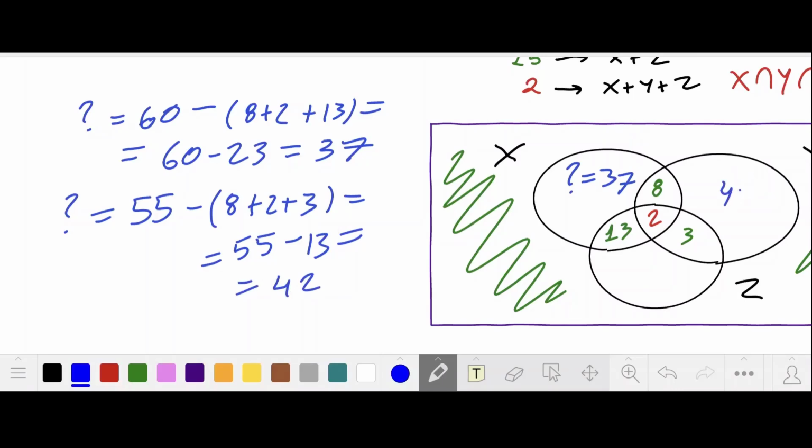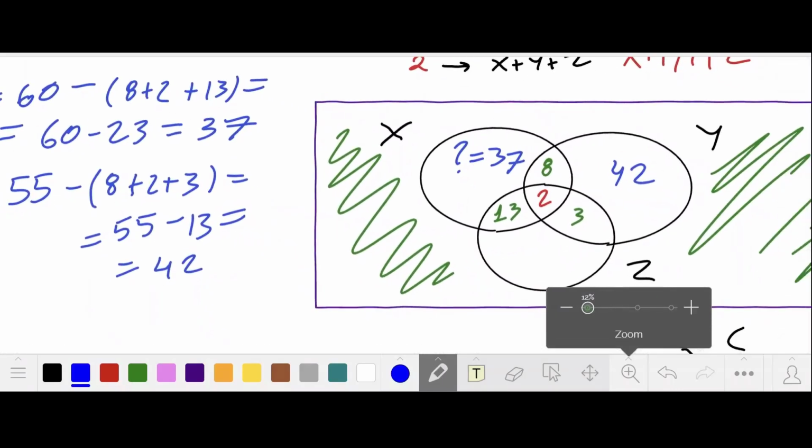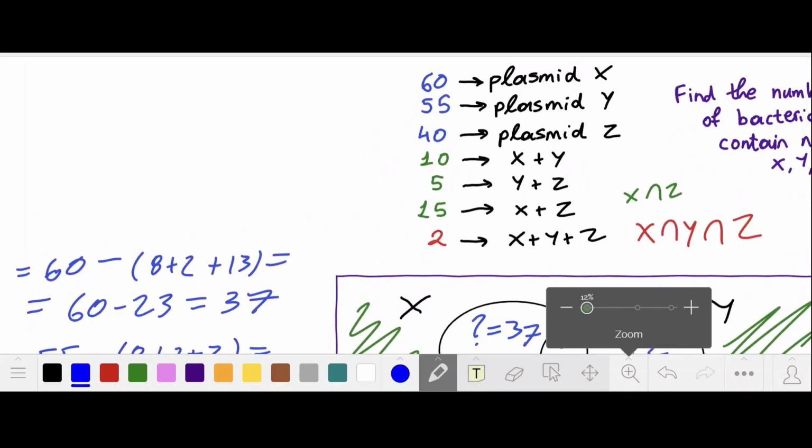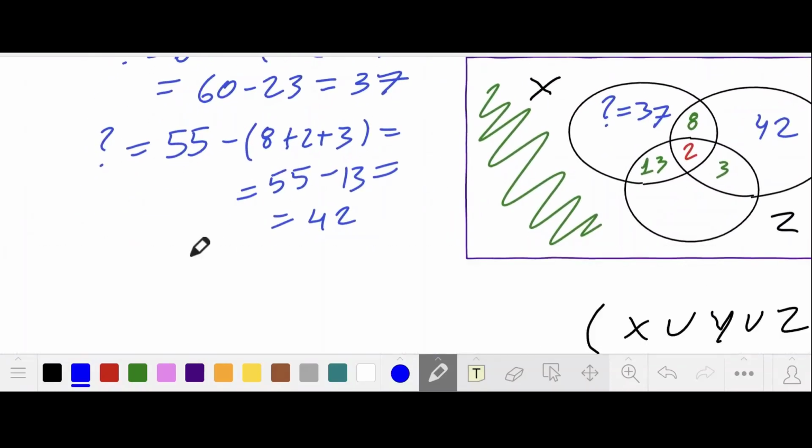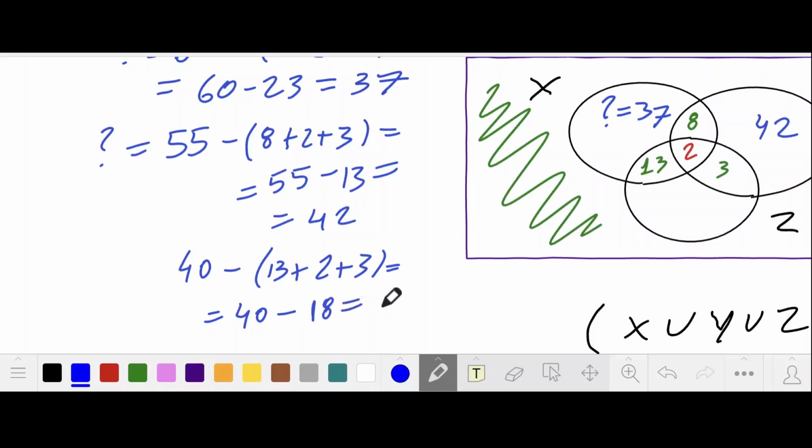So we write down the number 42. And as far as the set Z is concerned, the number that we want to find is equal to 40 minus (13 plus 2 plus 3). That is equal to 40 minus 18, and that is equal to 22.